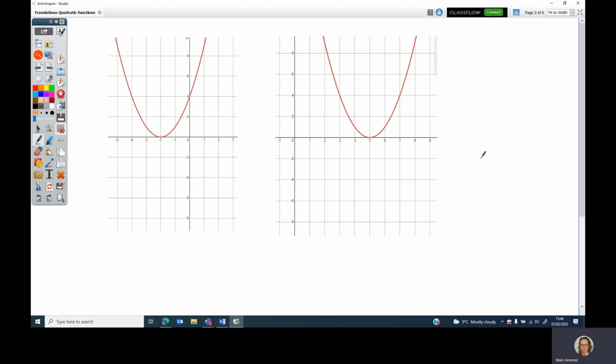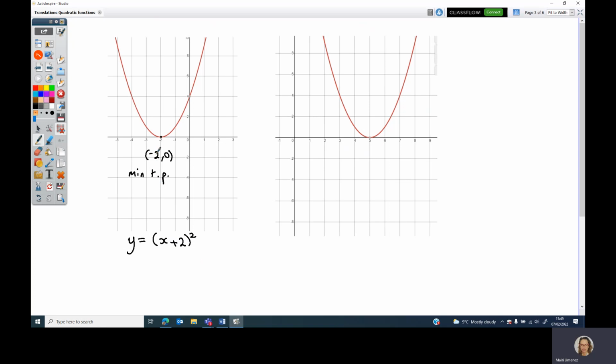So these are similar translations. The first graph has a negative 2, 0. Negative 2, 0, that's the minimum turning point. So put for short min TP. So if we need the equation, we put y equals, put a bracket, put x there, and because the minimum turning point crosses at negative 2, we put add 2 in the bracket, all squared.